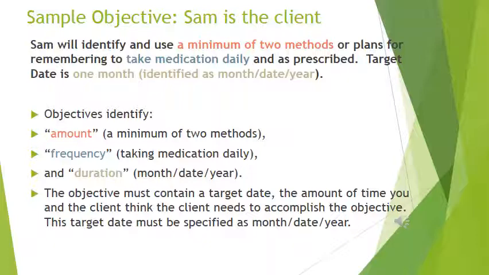So if we take this apart, we see that the amount that's required in an objective to make it measurable, in this case, is a minimum of 2 methods. That's countable. The frequency is that the client is going to take his medication daily and as prescribed. And the duration is that month, day, year.